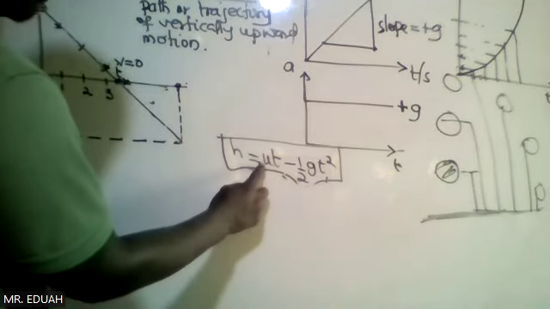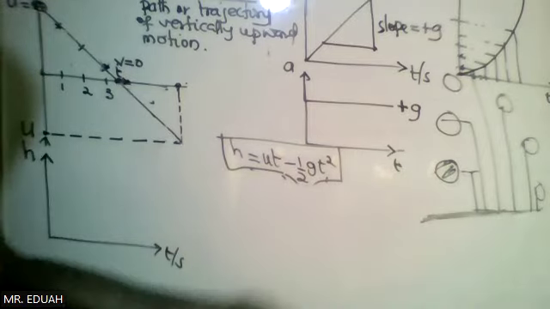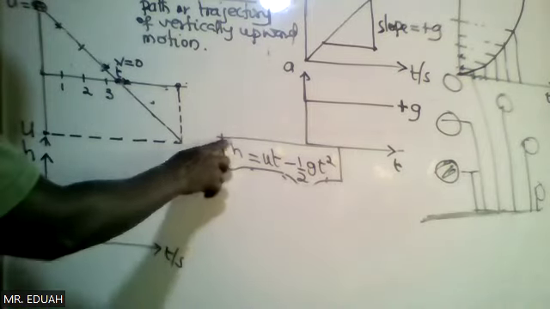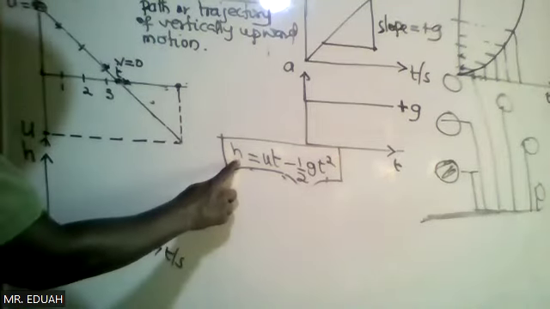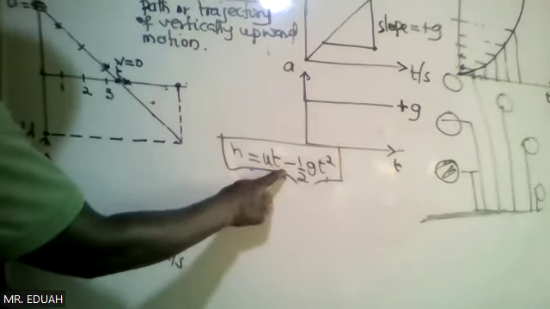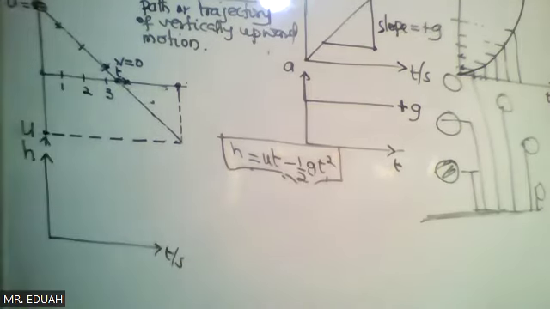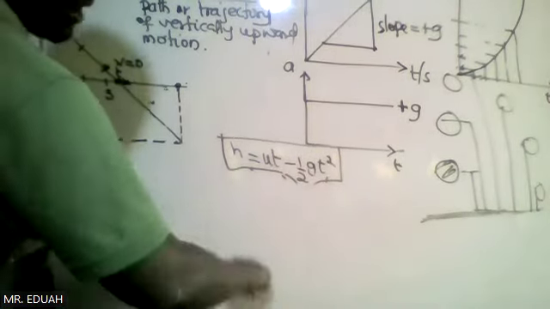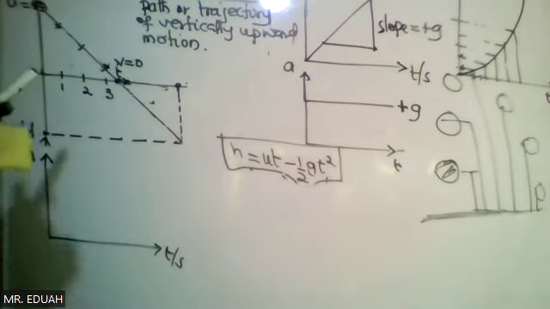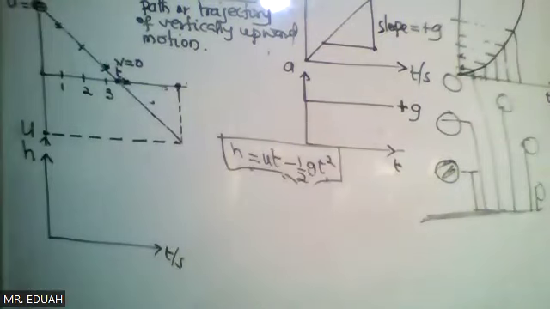When it's going up, u must be maximum so that it decreases with time. So if you are looking for any vertical height covered by the body, it must be h is equal to ut minus half gt squared. And this equation, when you plot, put in figures, will give you a curve, just as we got for free falling here. So this will give you a curve.